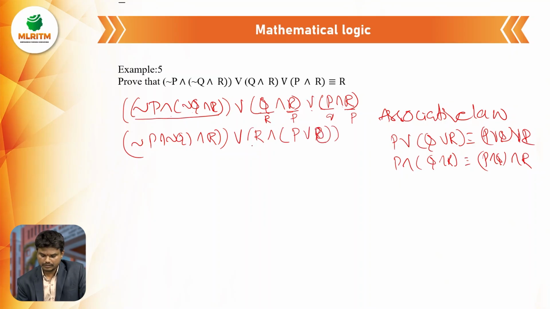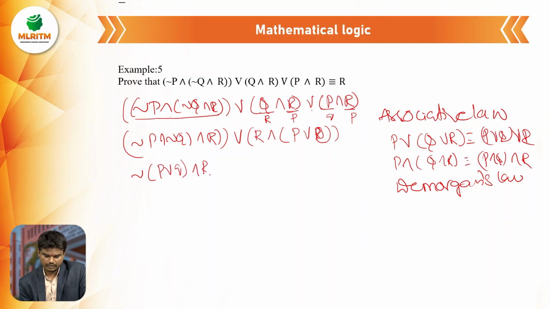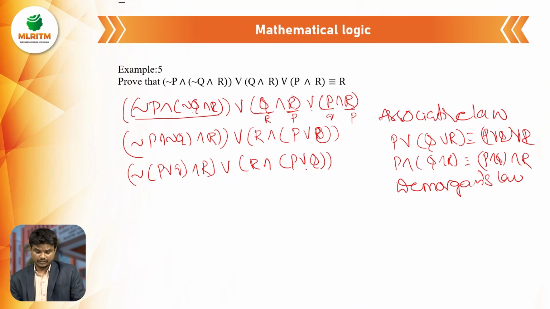This is the equation. Then here apply De Morgan's law, so it is the negation removing law. Here we apply the negation of (P ∨ Q) and R, and R and (P ∨ Q).